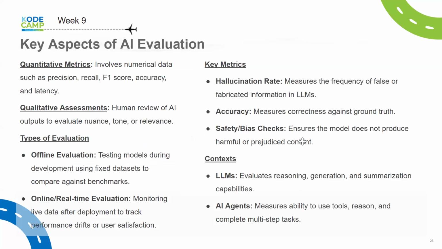Okay. So the aspects of AI evals: when you're doing AI evals, there are certain things to look at. Like I said, there is first of all the quantitative metrics. The quantitative metrics are basically numerical data. Numerical data is effectively numbers that represent the performance of that model on a particular set of problems that you have already predefined.